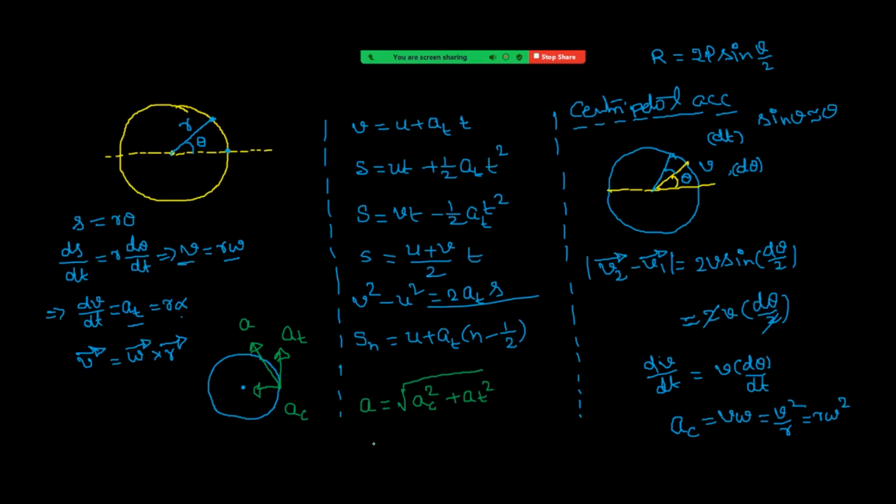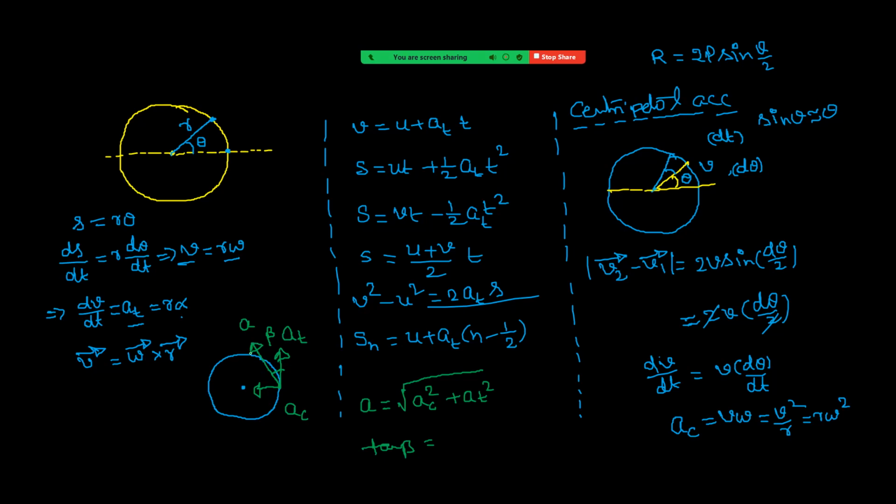Okay. If they ask a question like what is the angle made by the acceleration vector with the tangent, suppose that angle is taken as beta. Then I can write tan beta equals AC by AT. This is what we have learned in vectors. AC and AT are two vectors which are mutually perpendicular, and A is the resultant of those two vectors.